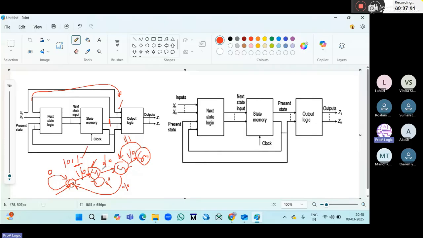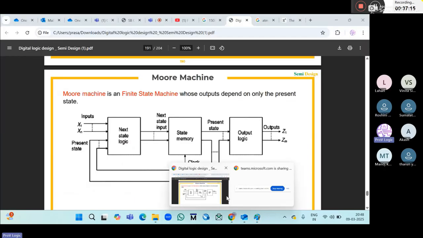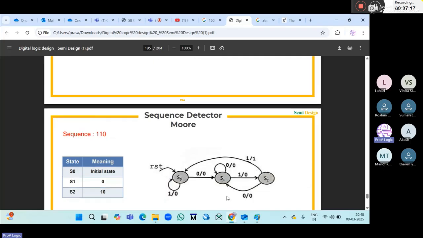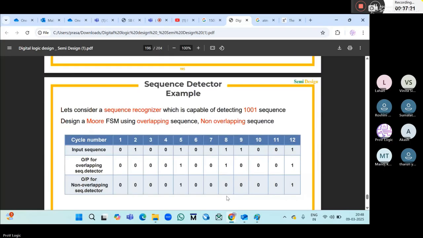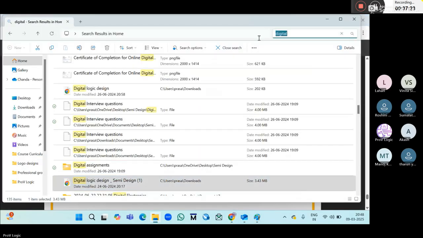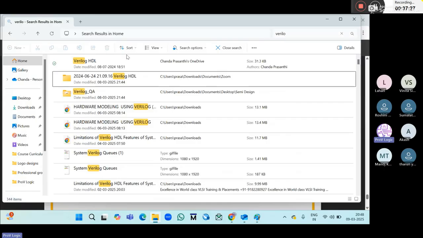Okay, but if you want to understand this particularly, we need to draw the table. Based on the table we can tell which state is going to which state. Particularly we need to follow the table. I thought of explaining the table tomorrow.